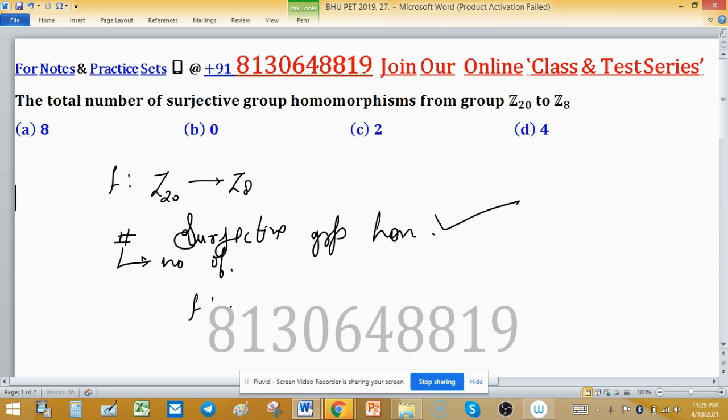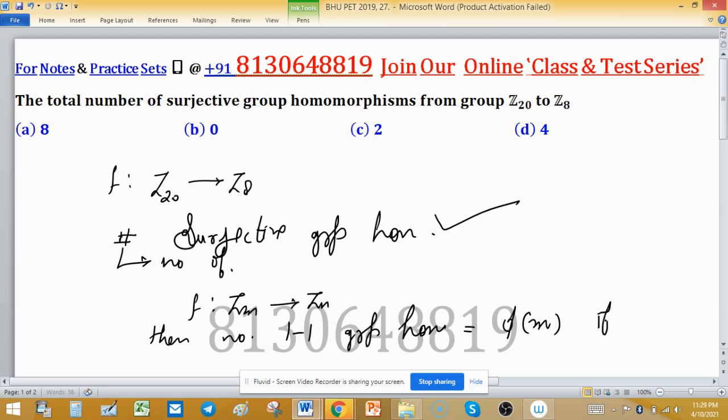If F is a group homomorphism from Zm to Zn, then the number of one-one group homomorphisms can be found by the Euler totient function phi of m if m divides n, and the number of onto group homomorphisms can be found by phi of n if n divides m.